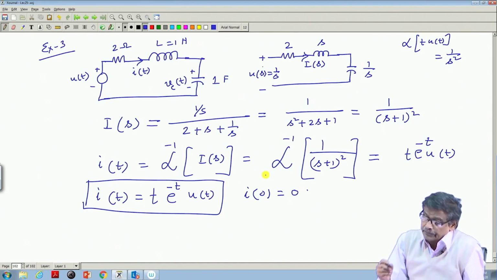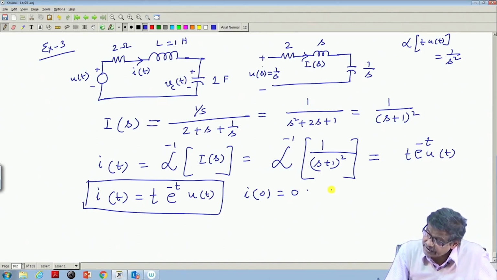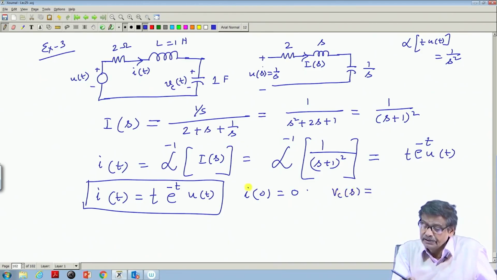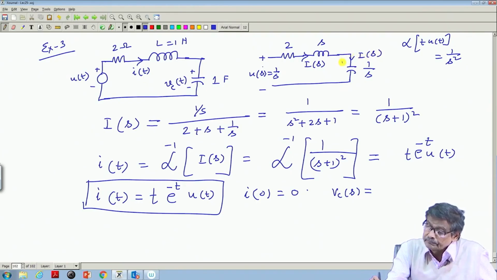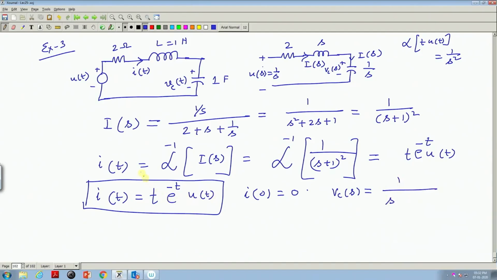Now, let us write down the voltage across the capacitor. What will be V_C(s)? V_C(s) will be 1 by S into I(s). So, V_C(s) will be 1 over S, multiplied with I(s), which is 1 over S plus 1 whole square.